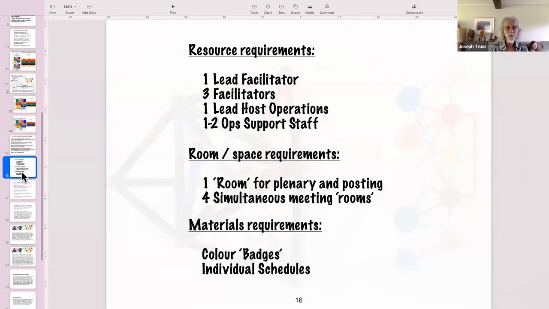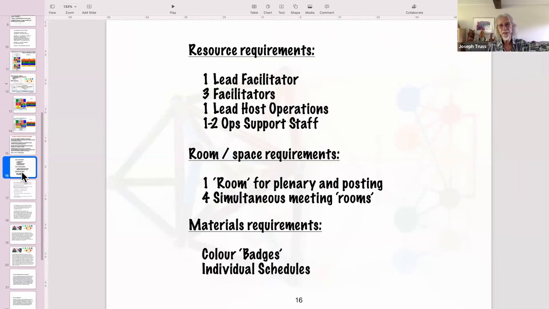Your resource requirements to run one of these is one lead facilitator and 3 other facilitators. You have to have 4 facilitators for the 4 simultaneous meetings. Of course, with AI and whiteboards and AI facilitation, it might be very possible to do all of this simply mitigated by AI. You need 1 lead host operations and 1 to 2 operations support staff.